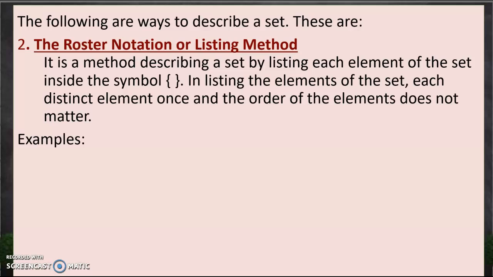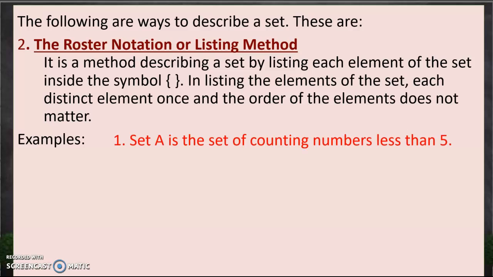So let us go back to the 3 examples that we have earlier. Number 1: Set A is the set of counting numbers less than 5. That is in verbal description method, so we will write it in roster or listing. We use a capital letter in naming a set, so set A, then the equal sign.